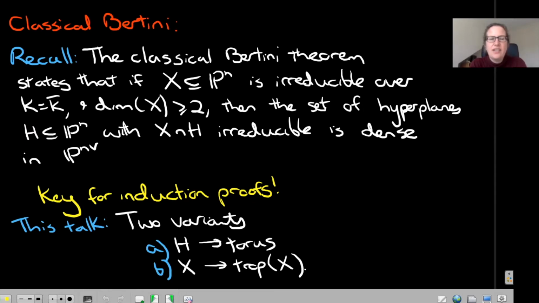And then the second is, I'm going to replace X with its tropicalization. So instead of having my algebraic variety that I intersect with a hyperplane, I'll have a tropical variety that I intersect with a hyperplane. And we'll say a little bit as we go through about why we would want each of these. Okay, so that's the plan. Classical Bertini, we're going to change in two different ways.